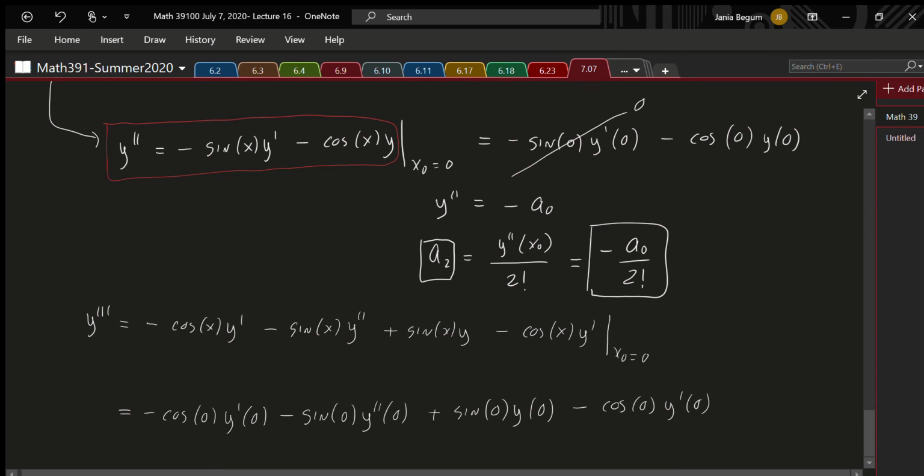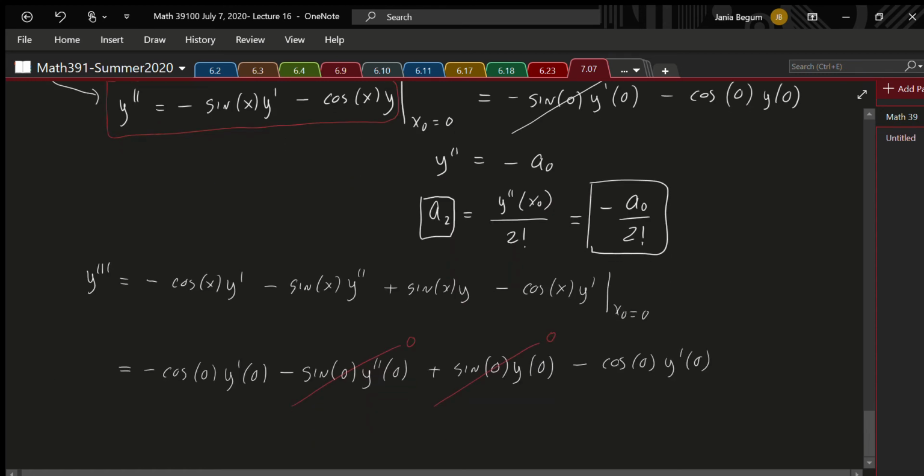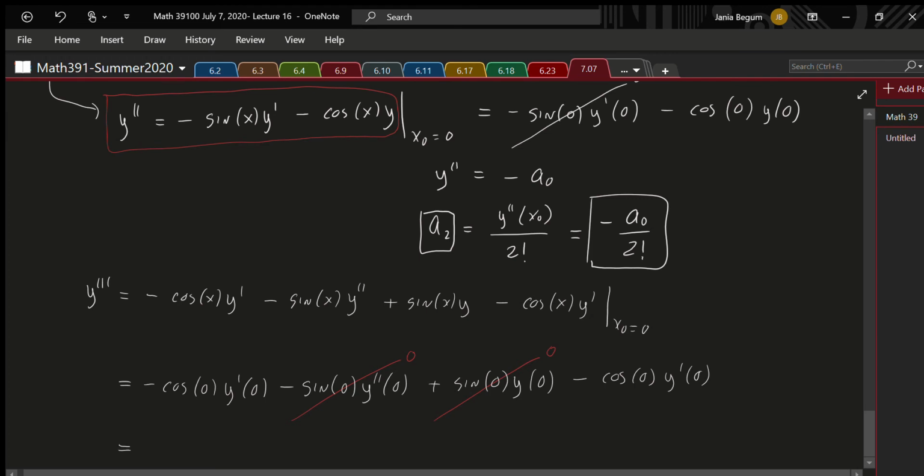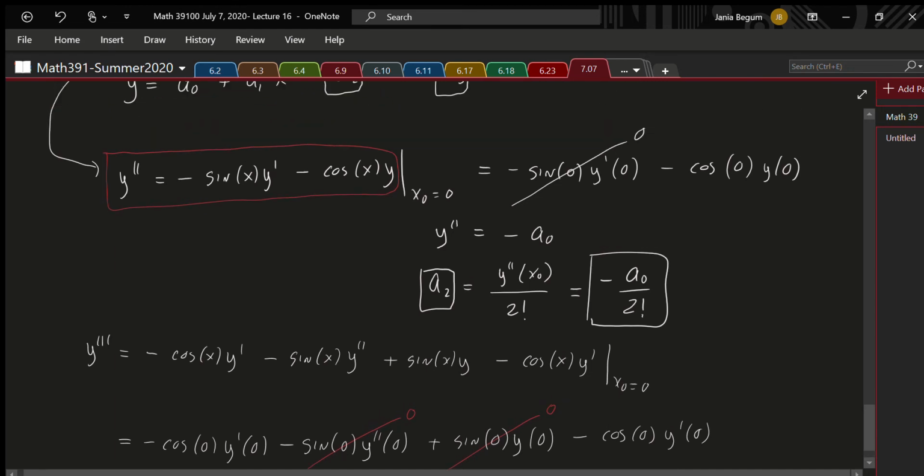Everything that involves sine is 0, so the first and the last will survive. Cosine of 0 is 1, so we have negative 1 times, what's y prime of 0?